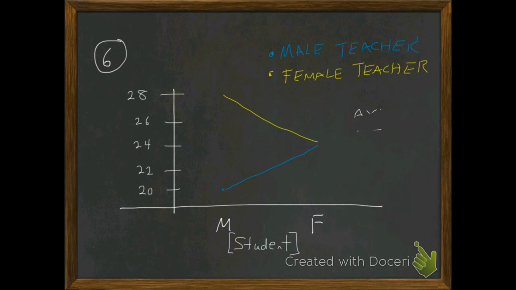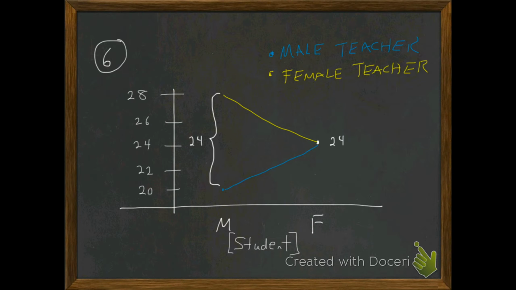Okay? Now, how do we know which main effect is statistically significant? If I look at the difference here, I go from 20 to 28, which has a mean of 24. If I look at the difference over here, I have 24 plus 24 divided by 2 is 24. So I have no statistical significance from male to female, gender of the student.